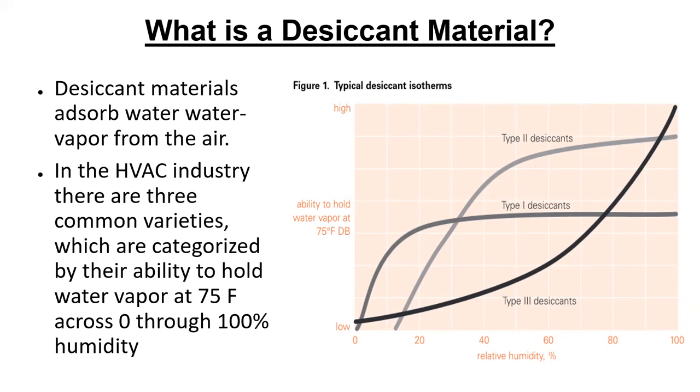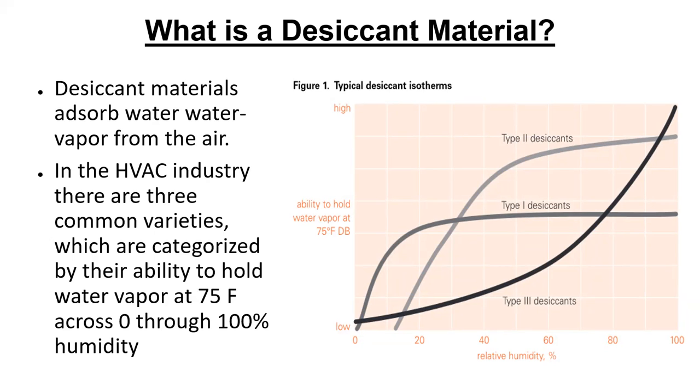Then you see your type 1 desiccants, it holds a medium amount of moisture over a very large range in relative humidities. Probably from 40% to 100%, it's pretty much flat. And then you see the type 2, it does from about 60% to 100.